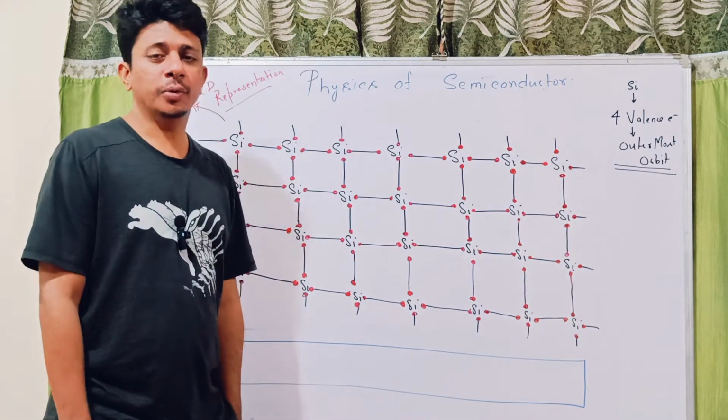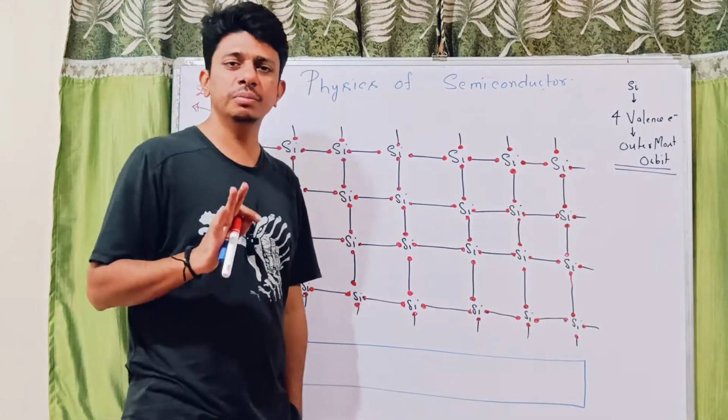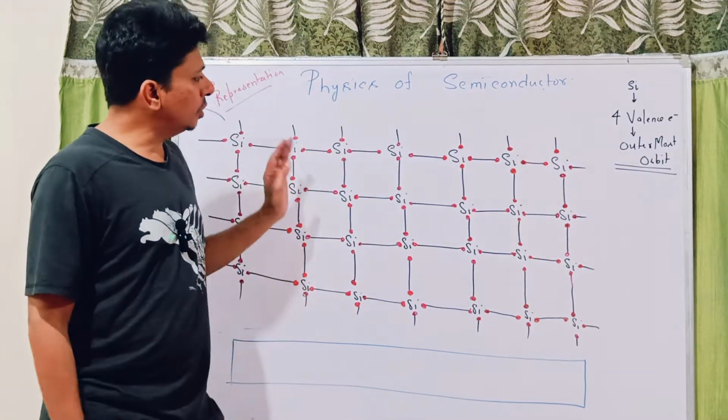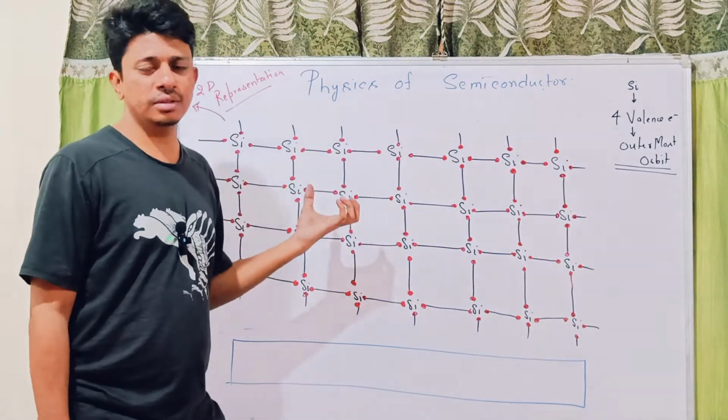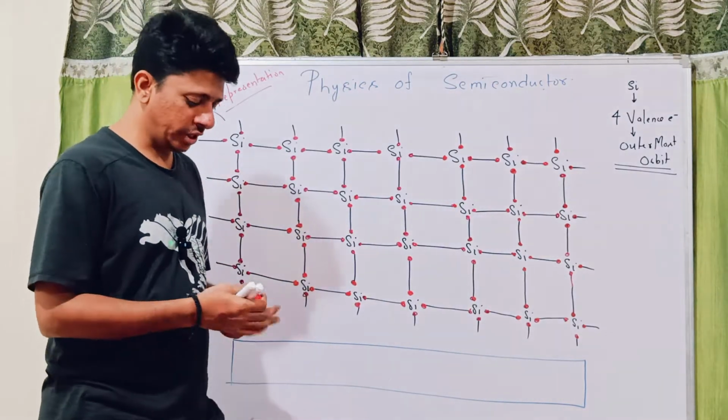Now in the class you were told this whole sample is kept in a chamber for the doping purpose. Doping means addition of impurities, whether we want to add trivalent impurities or pentavalent impurities. The whole pure silicon sample is inserted in a chamber.